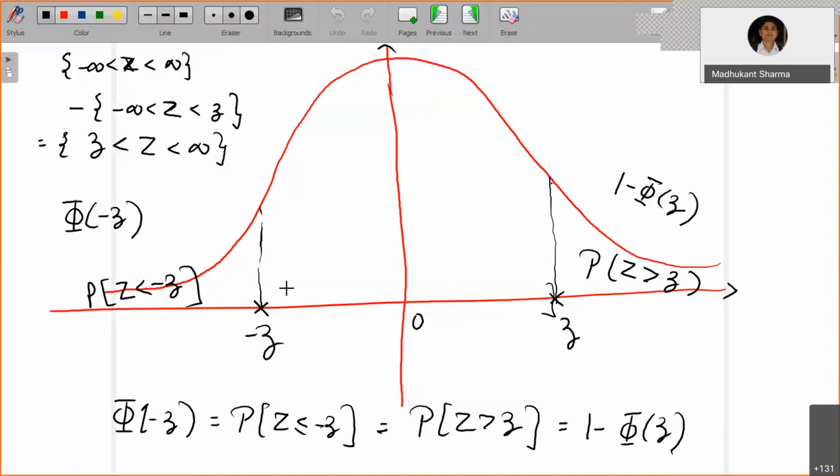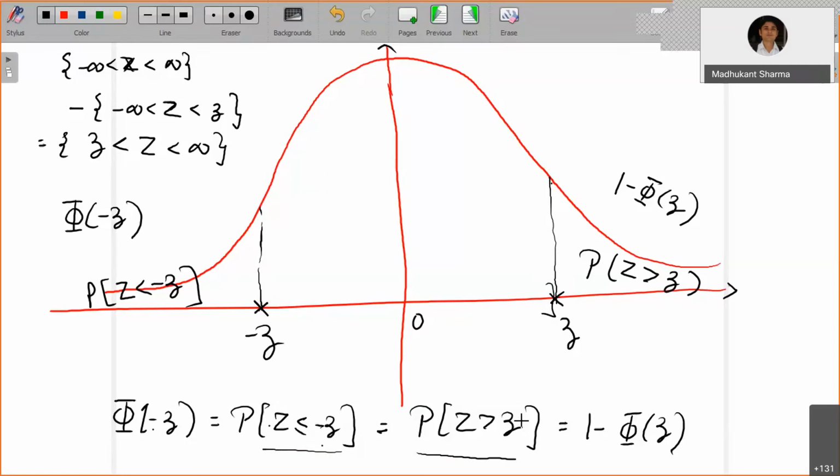So this symmetry allows us to evaluate the area before minus z in terms of positive values. Instead of phi of minus z, which is the probability of Z less than or equal to minus z, you can obtain it by taking the probability of Z greater than z. So either way you can use it. Why is it important to know the symmetry property?